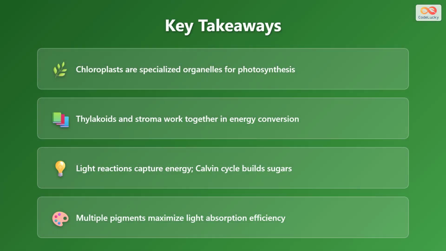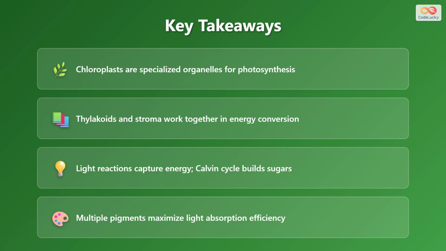Let's review the essential concepts about chloroplasts. First, chloroplasts are specialized organelles found in plants and algae that perform photosynthesis, converting light energy into chemical energy. Second, the thylakoid membranes and stroma work together as an integrated system, with each compartment playing a specific role in energy conversion.